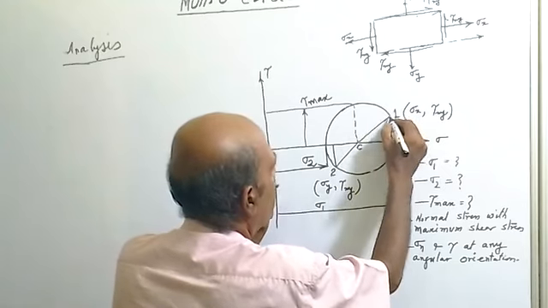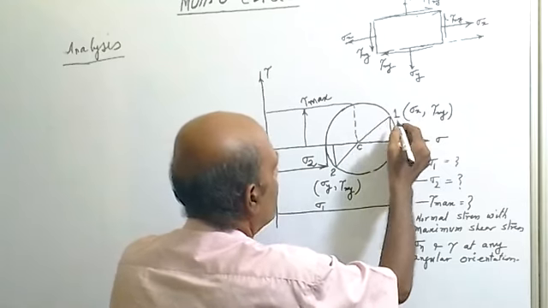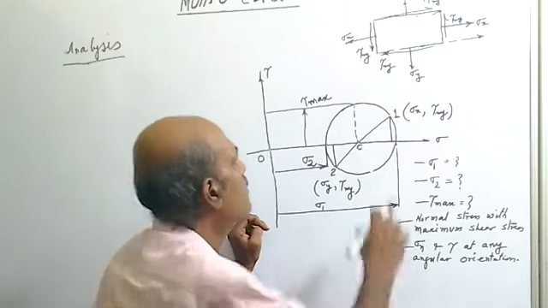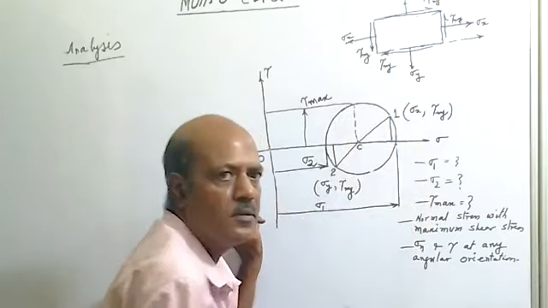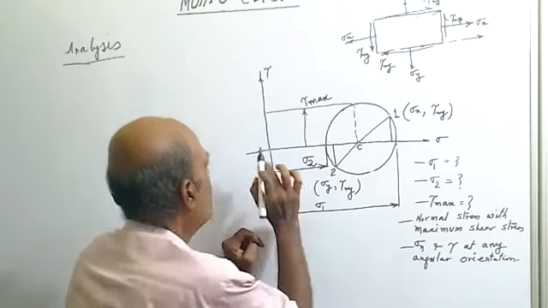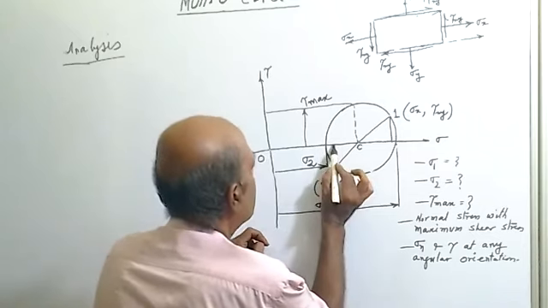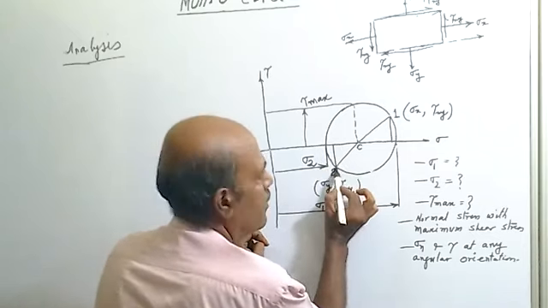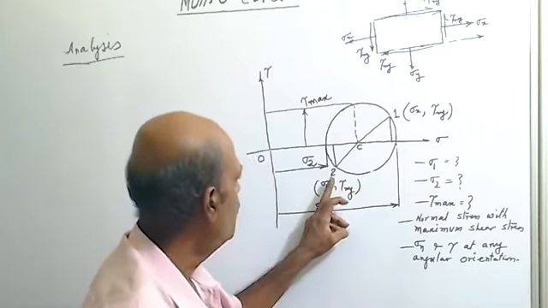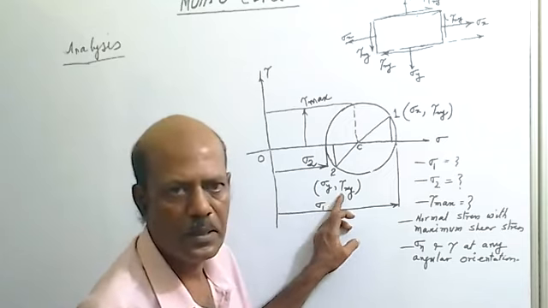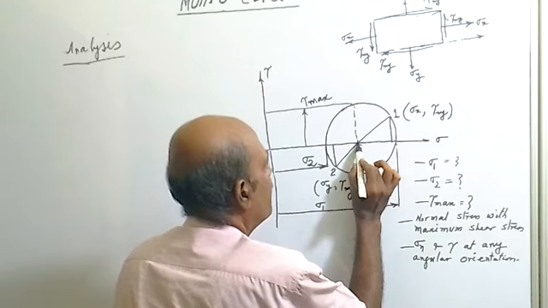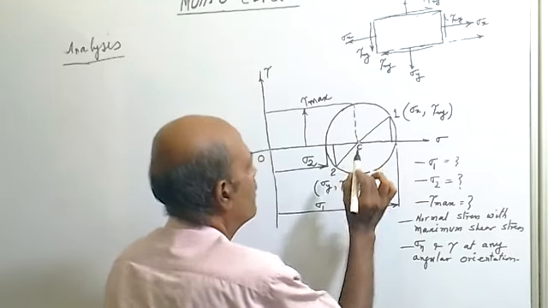So this first point is marked, so we have seen in construction part, that is sigma x, tau xy. Now go to y face, so sigma y is positive and tau xy is negative. So from origin we have measured the distance sigma y and tau xy. So we have got these 2 points. Point number 2, that is sigma y, tau xy.